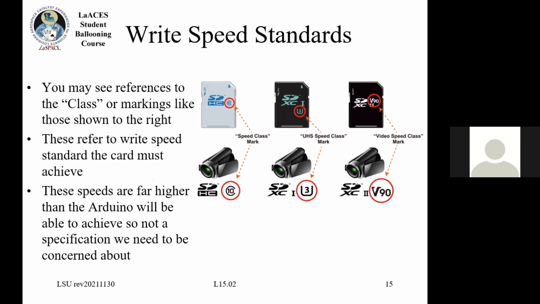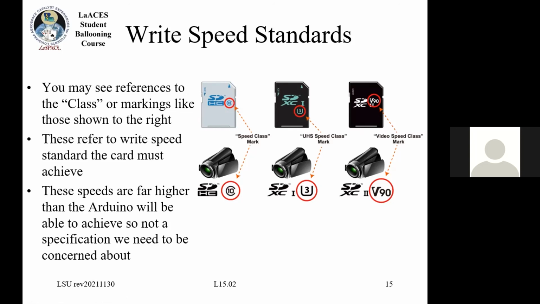So another marking you'll see on these SD cards is what's often called a class marking. And that's basically going to refer to a write speed minimum that they have to meet. If you're using an SD card to like shoot video, right? If you're shooting HD video, you're having to write a lot of data very quickly.